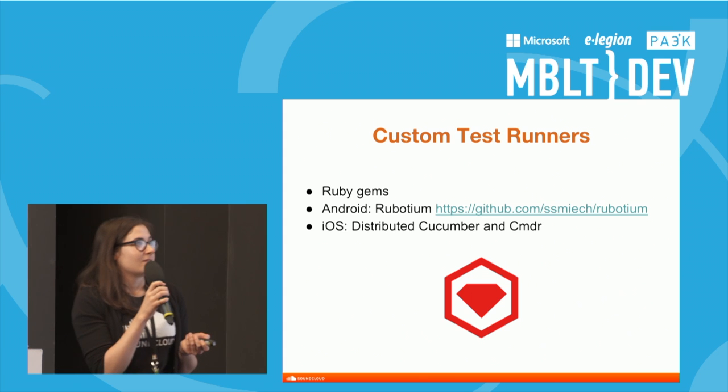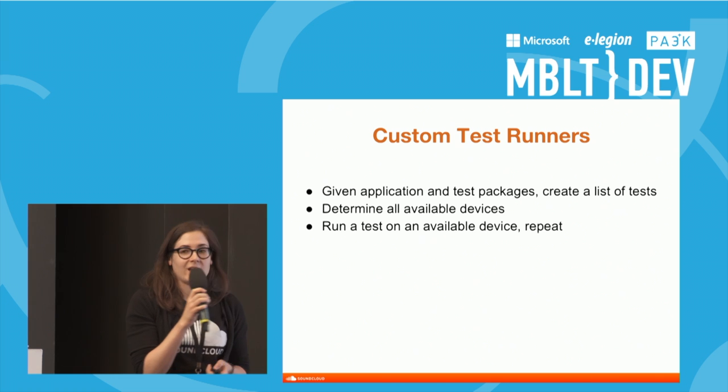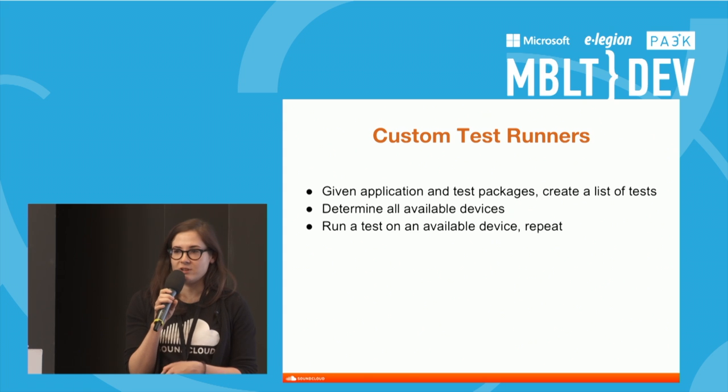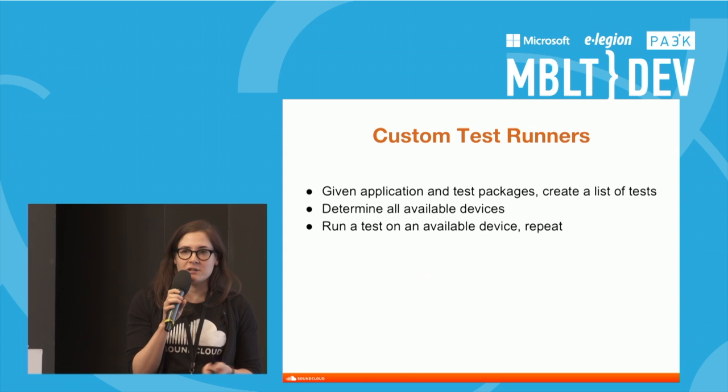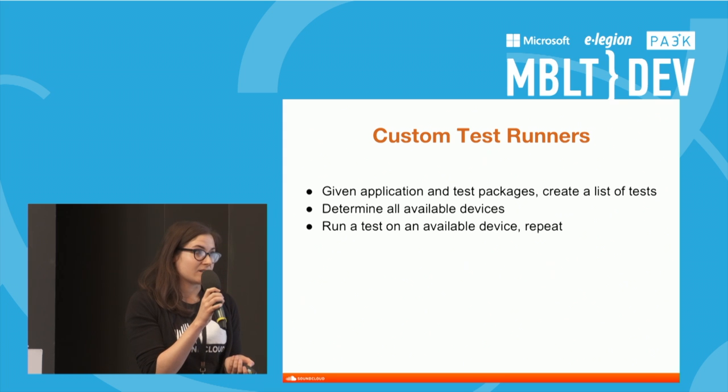You might be wondering, what do they actually do? They take an application and test packages and create a list of tests based on those 2. Then they determine all of the available devices that are connected. Then they run each test on an available device as long as there's another test left.